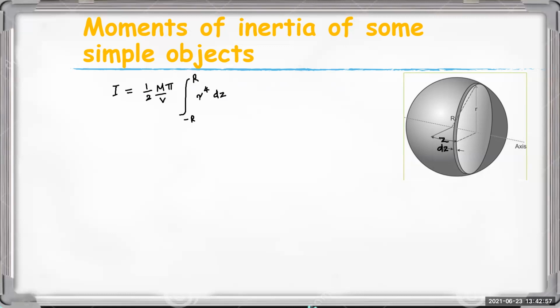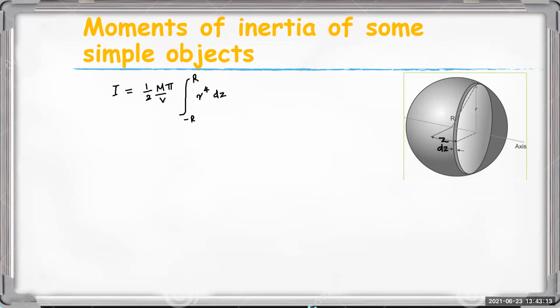But here there is a confusion that this is r and the variable is dz. Then look at here, what is the connection between capital R, small r and z?